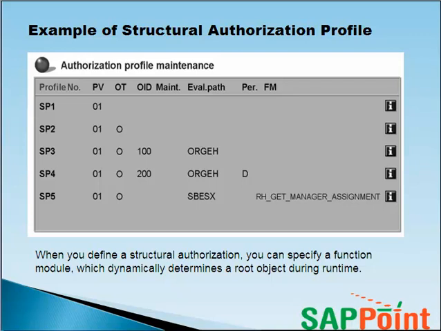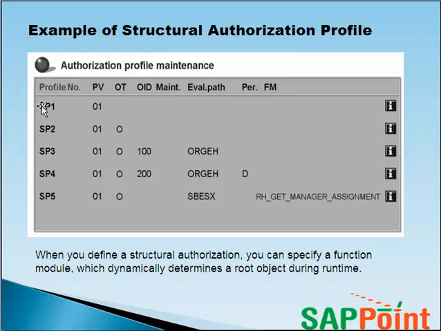Let's see some examples of structural authorization profiles now. For example, in example 1 here, due to the user's authorization profile, he or she is authorized to access organization units in plan version 01. So if you see here, we have not specified anything else.